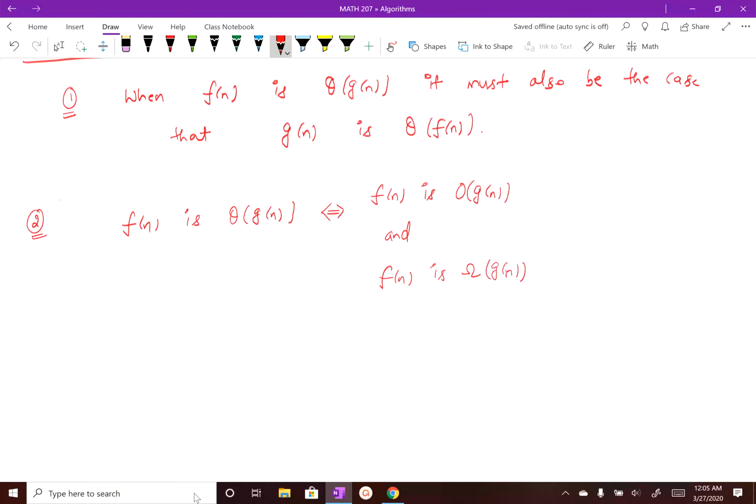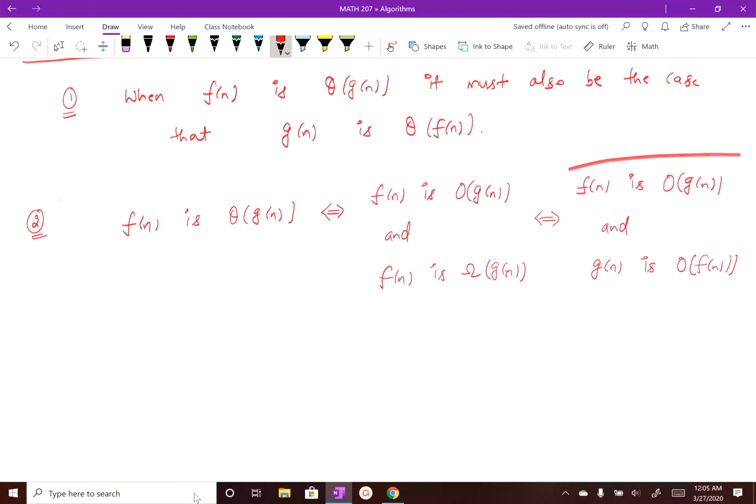But now you can extend this and say that f of n is big theta of g of n if and only if f of n is big O of g of n and g of n is also big O of f of n.